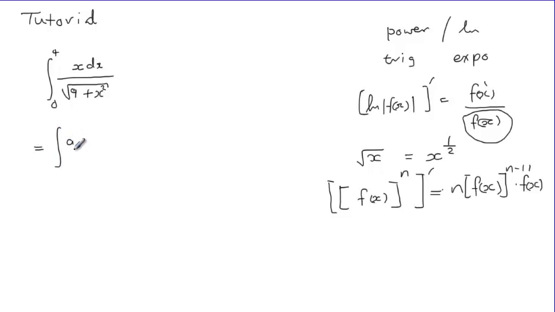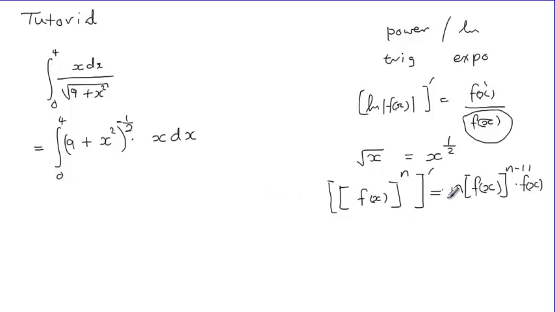So we can write 9 plus x squared, all to the power minus half, from 0 to 4, because it is in the denominator. Then multiply by x dx. Do you see that now?